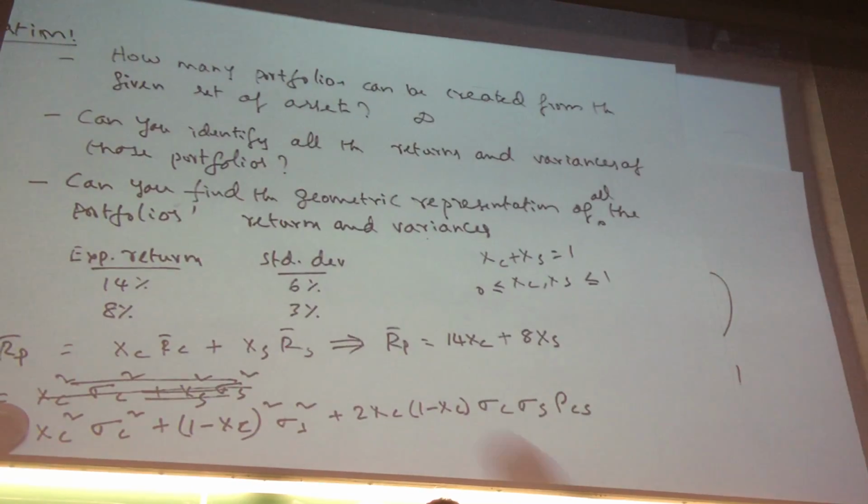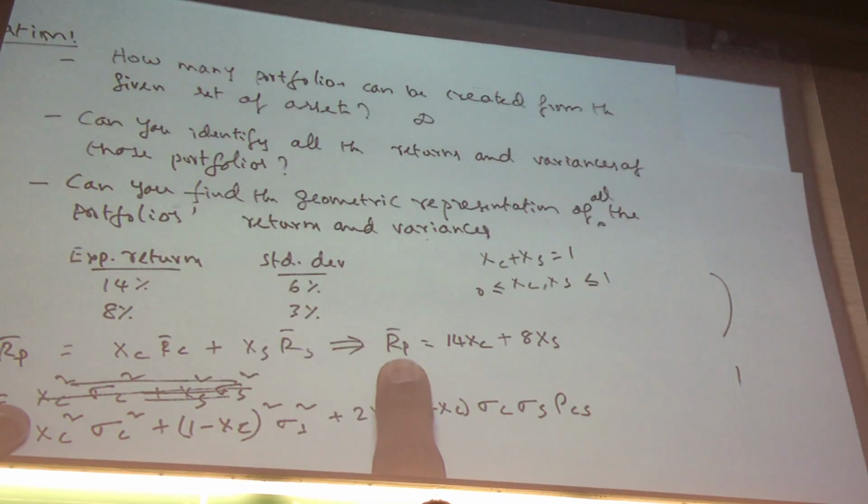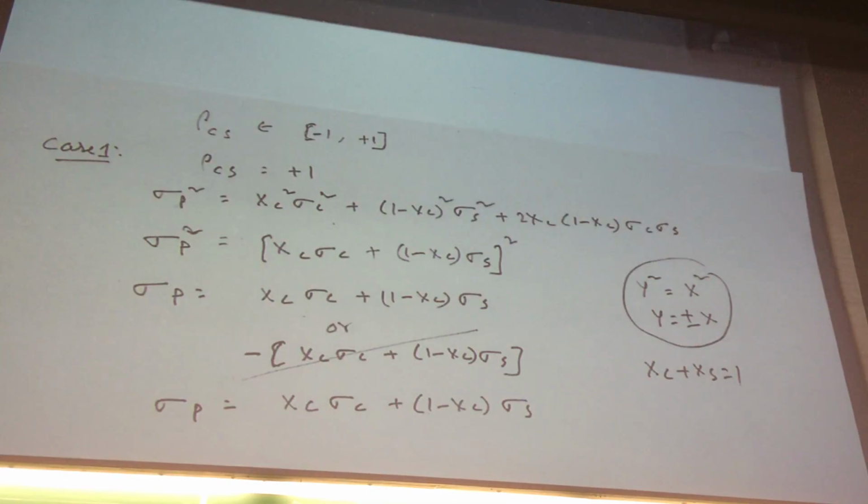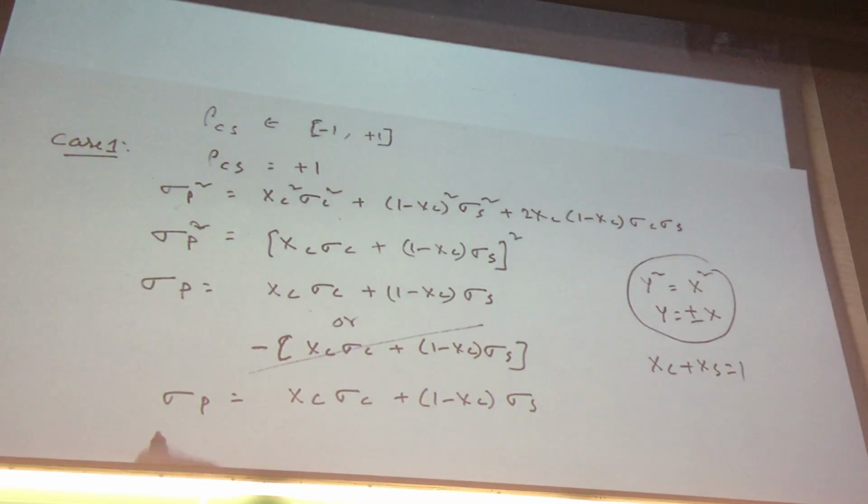If you just go to that, Rp bar equals to this one. I just rewrite here so that you don't miss it: Rp bar equals to 14xc plus 8 times 1 minus xc.